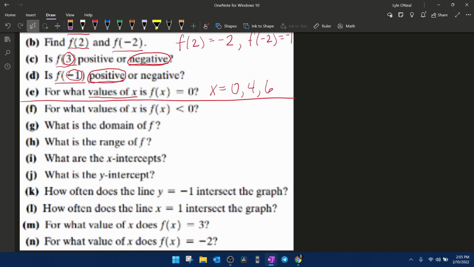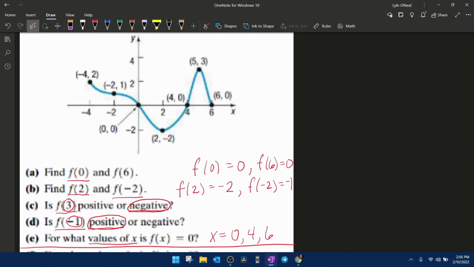Okay, next, part F, for what values of x is f of x less than 0? So here we're looking at the values of x where y is less than 0. We know that on the graph of a function, when y is less than 0, those values have to be below the x-axis, and our graph is below the x-axis from 0 to 4.